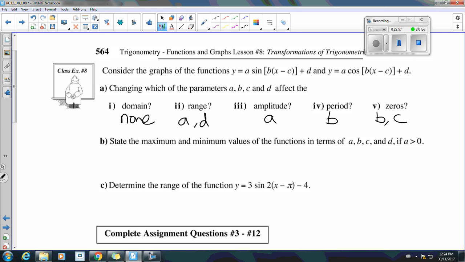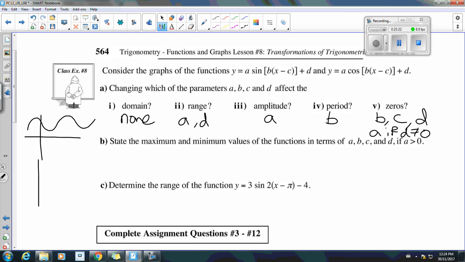So that's why I think of it too, that of course it's possible if we shift this graph up far enough, it's actually not going to have any x-intercepts. So definitely moving it up or down does change the x-intercepts. And actually, the amplitude can change as well, as long as d does not equal 0.